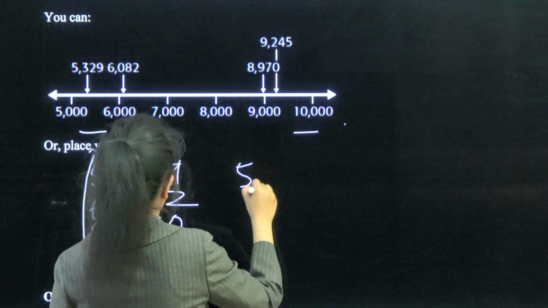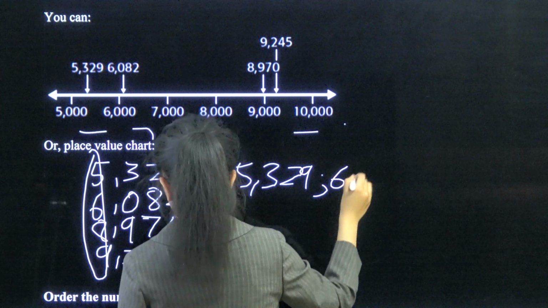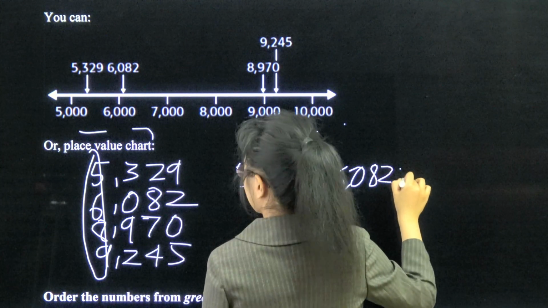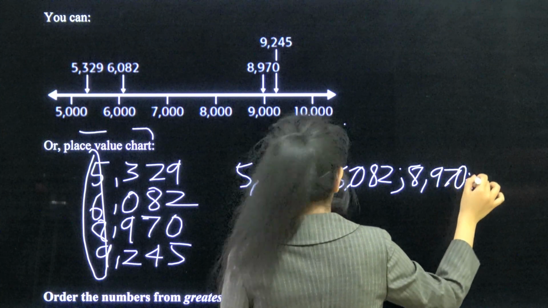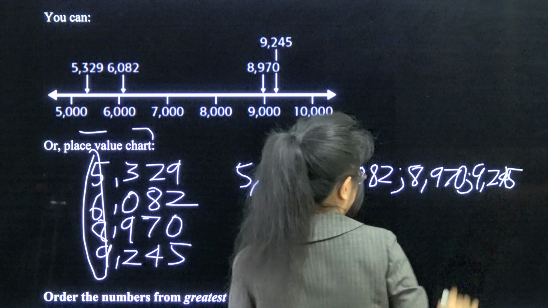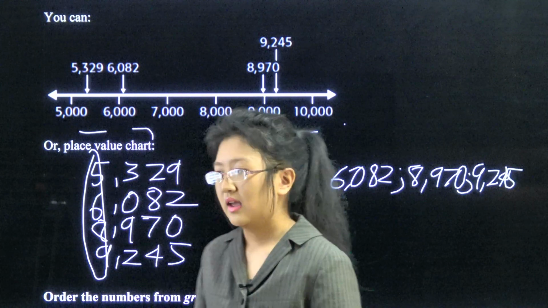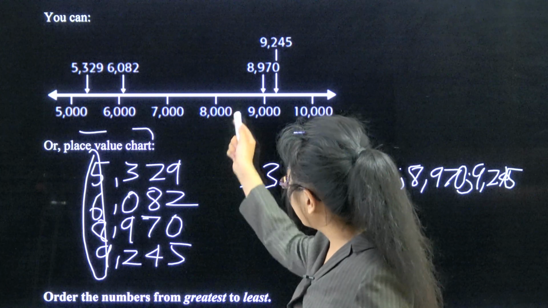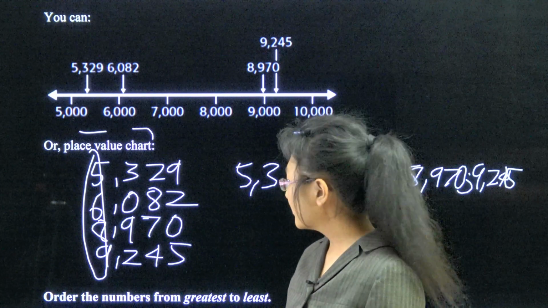So that would be... we end up with the same order that the number line gave us. Except we didn't actually have to draw that much. And in case you haven't noticed, drawing a straight number line with equal divisions is actually harder than it looks.